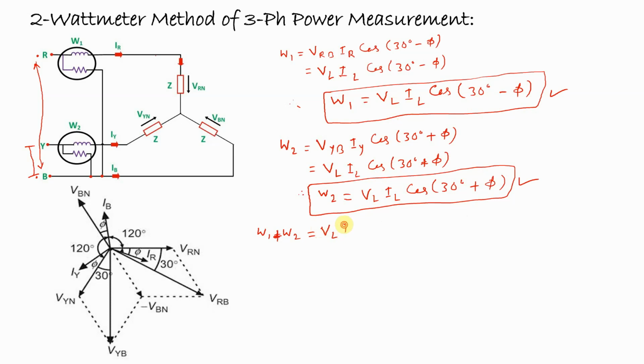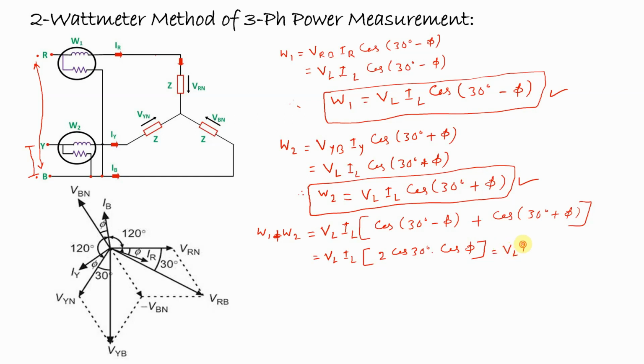So VL IL can be taken as common, and it will be cos(30 minus phi) plus cos(30 plus phi). Here the formula is cos(A minus B) plus cos(A plus B), which is equal to 2 cos A cos B. Therefore, it is VL IL into 2 cos 30 degrees into cos phi, where cos 30 degrees is root 3 by 2.